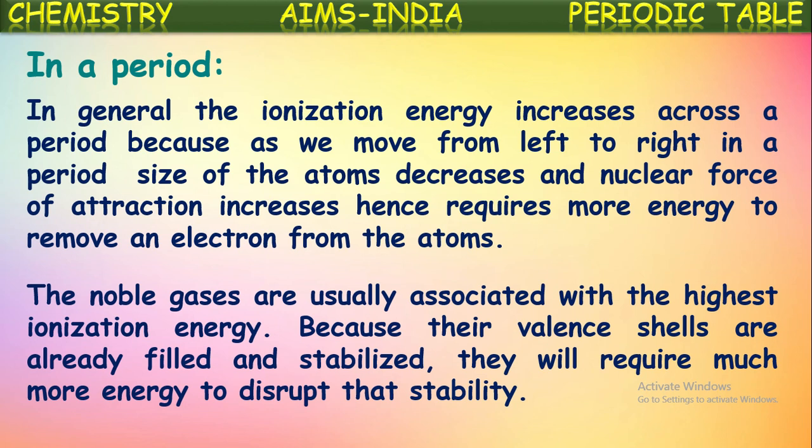This is not only because of the size; one more factor is affecting here, that is their completely filled outermost shells. Because of the stable electron configuration also, they have much greater ionization energies. As they have stable configurations, to remove an electron from those elements, that stable configuration has to be disturbed, so it requires a large amount of energy.